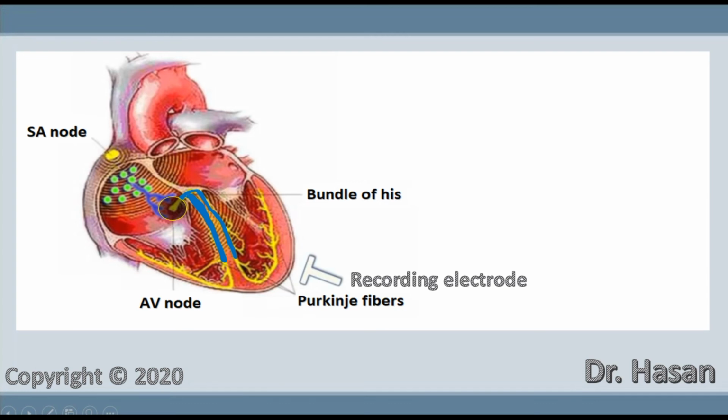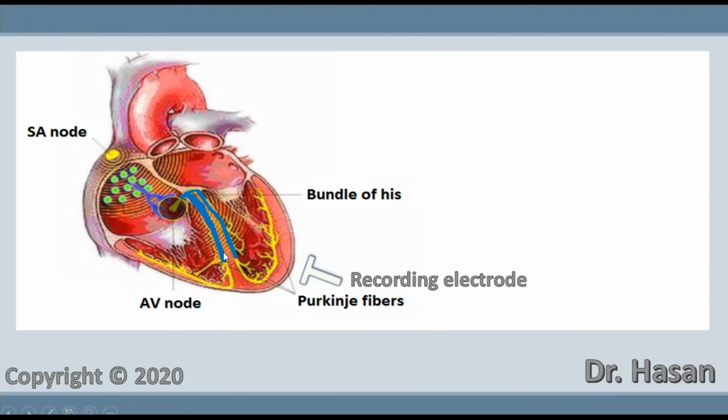However, it is important not to miss one point. We recall that the bundle of His is located in the interventricular septum. So, when an impulse passes through the bundle of His, it does not immediately excite the interventricular septum, but only at the end of its path begins to excite the myocardium.